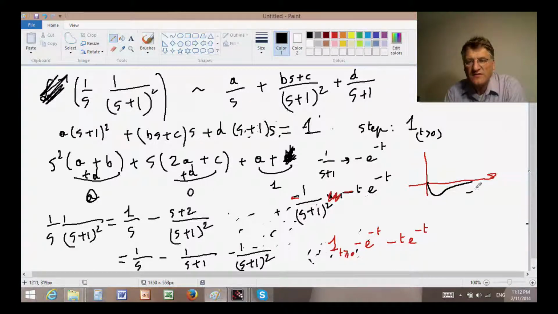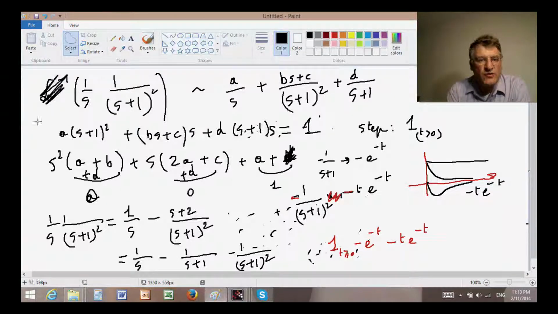So 1 is here, and then e to the minus t is there. So what do we get in the end? Well, we get sort of the sum of these three things. Okay, so e to the minus t is like that, and what we are interested in is the response or the characteristics of this.